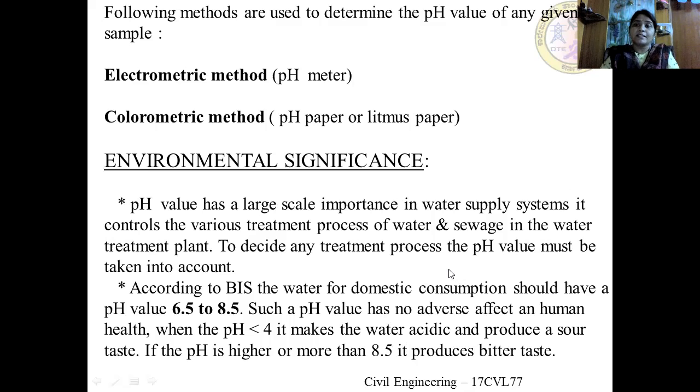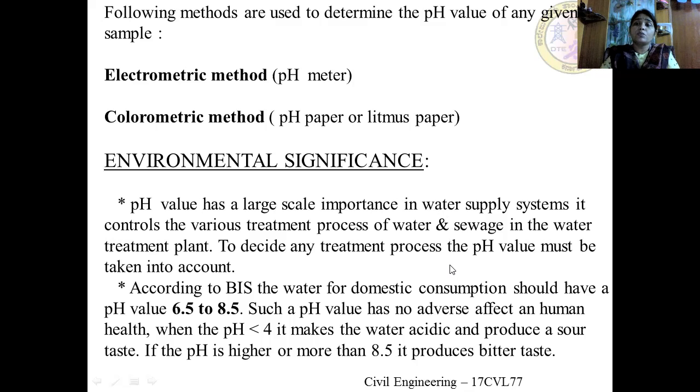In case it is less than 6.5, or less than even 4 or 5, that is, it is highly acidic in nature, then we say it is unfit for domestic use. Similarly, if it is alkaline or basic in nature, when it is greater than 8.5, we say it is unfit and it cannot be used for domestic supplies.